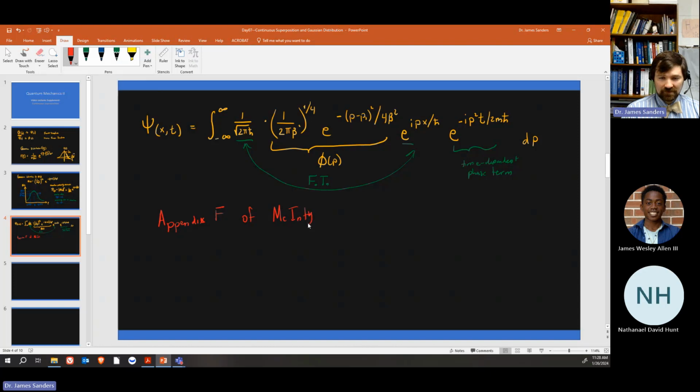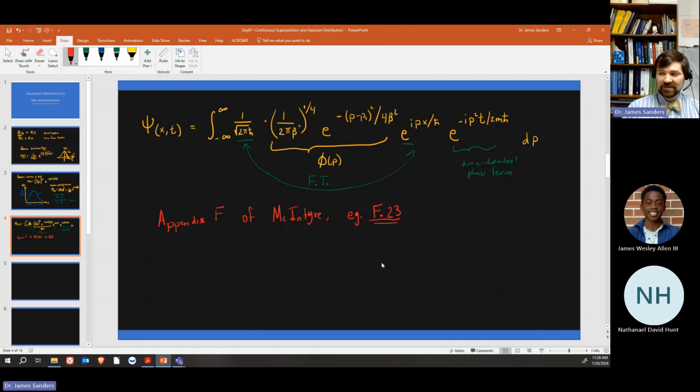In Dr. McIntyre's integrals table, I believe it is essentially equation F.23. So appendix X, this equation.